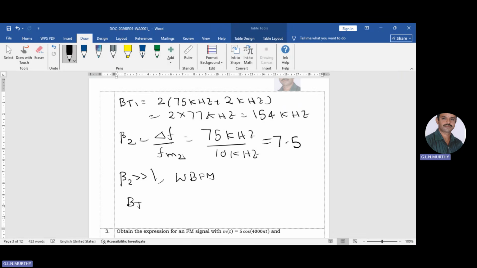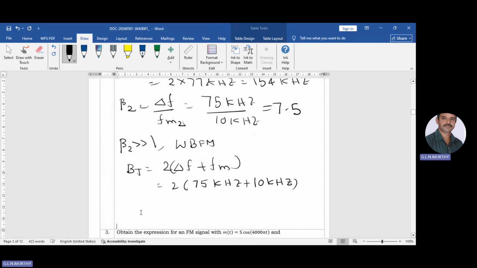So the transmission bandwidth for wideband FM equals 2 into delta f plus fm. That equals 2 into 75 kilohertz plus 10 kilohertz. Why? Because in the second case, the frequency of the message signal is 10 kilohertz.